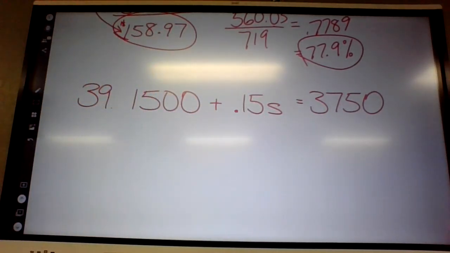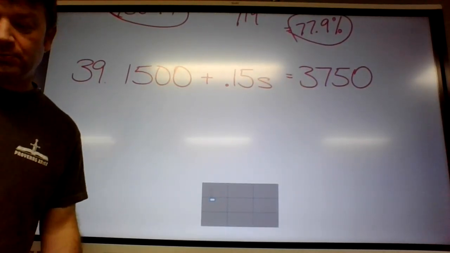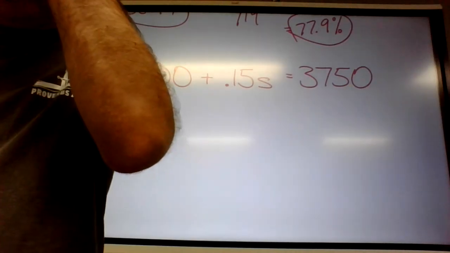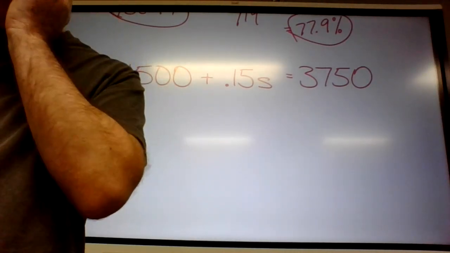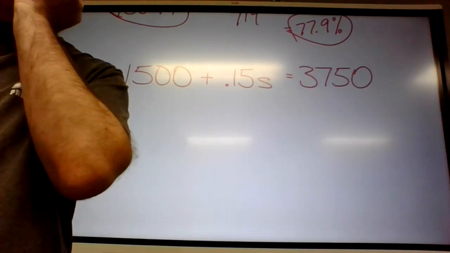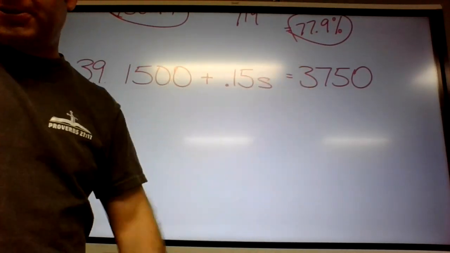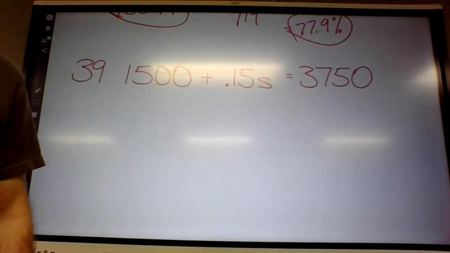Okay, better. Anyway, and solve. Subtract 1500, then divide. Just do the basic algebra steps.